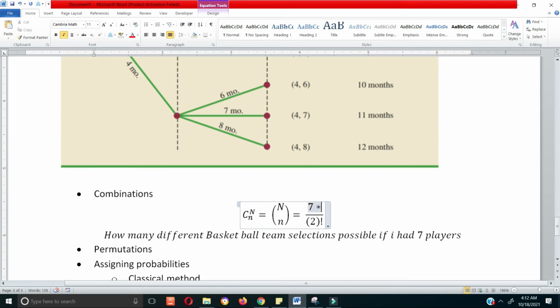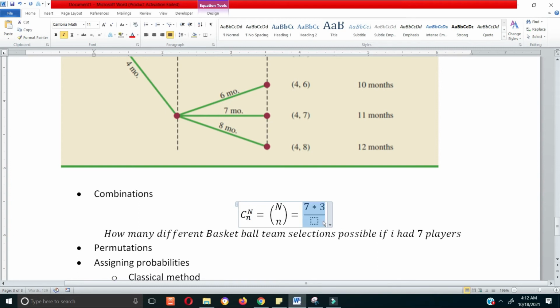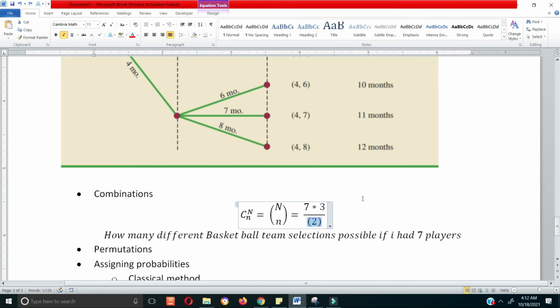So this is 7 by 6, and if you divide by the remaining 2, you're going to end up with 7 by 3, which gives 21 teams. So 21 unique team selections if you have 7 players and you want to pick 5.